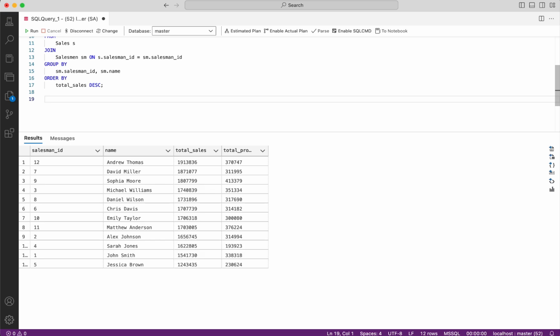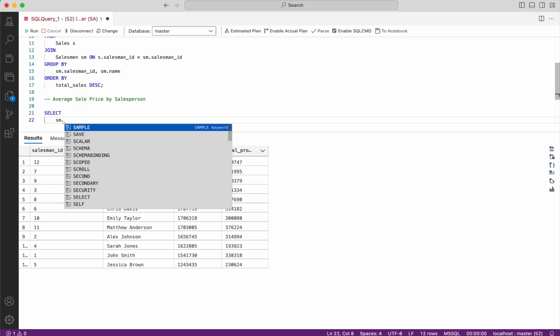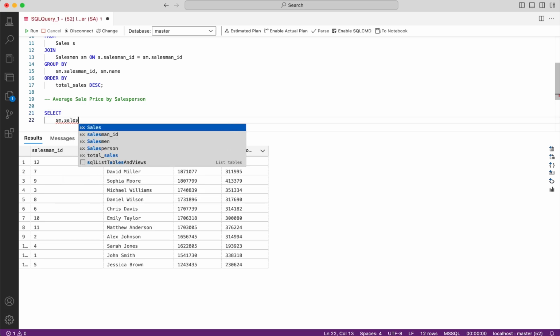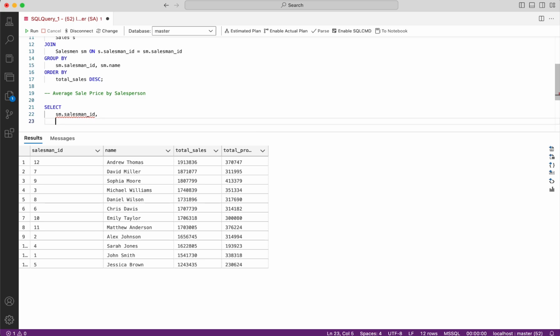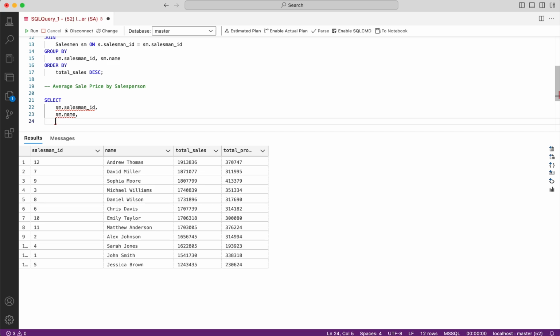And then let's do average sale price by salesperson. Select salesman ID, their name, and we want an average of sale price.